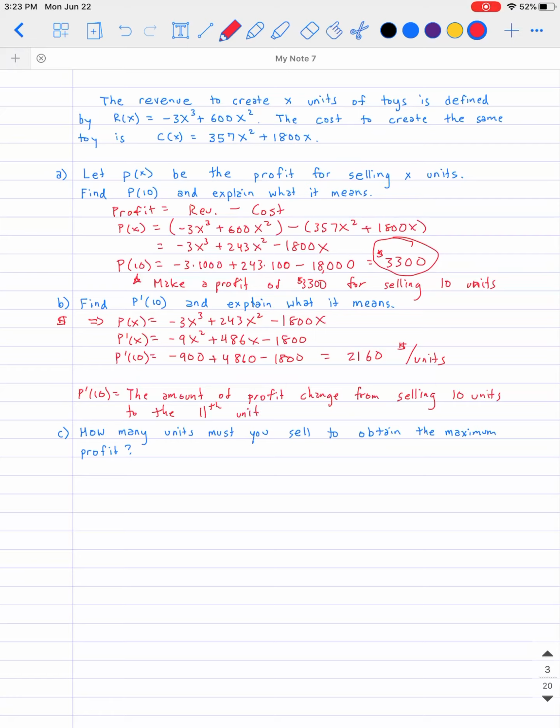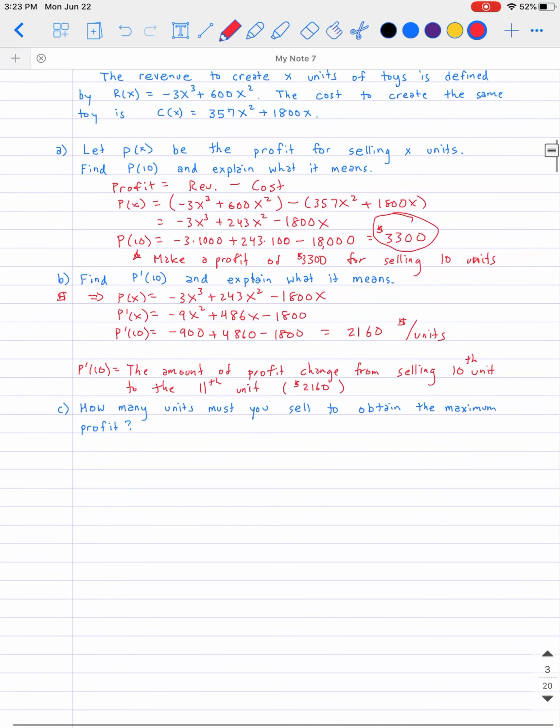Okay, so by selling one more unit, the 10th unit, actually, let's kind of clean that up a little bit. Okay, so from selling the 10th unit to the 11th unit, you're going to make approximately $2,600 more. Okay, so which in this case, let me just kind of write that down, $2,160. Okay, all right.